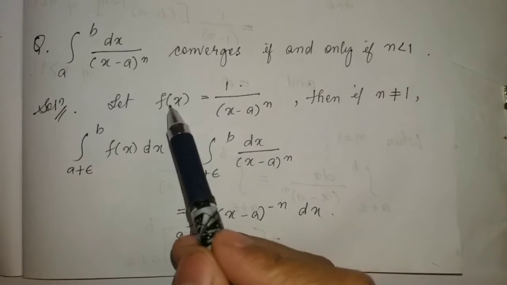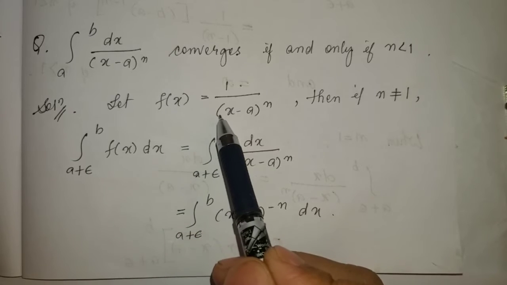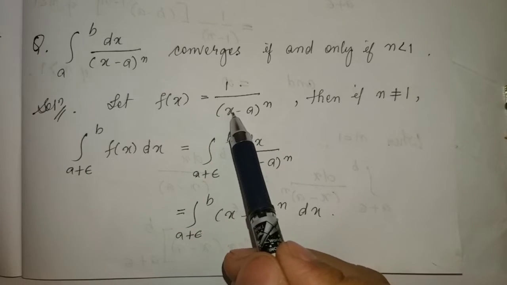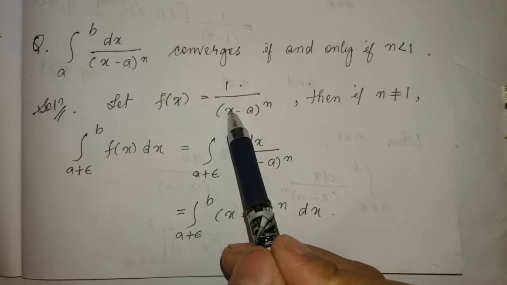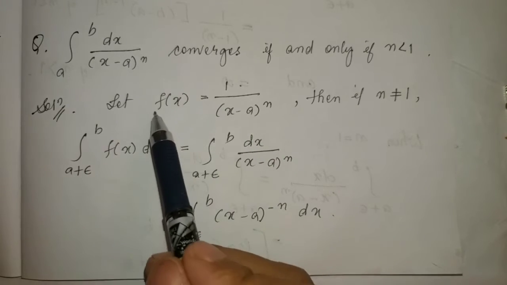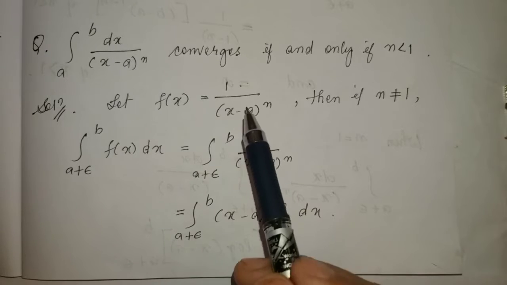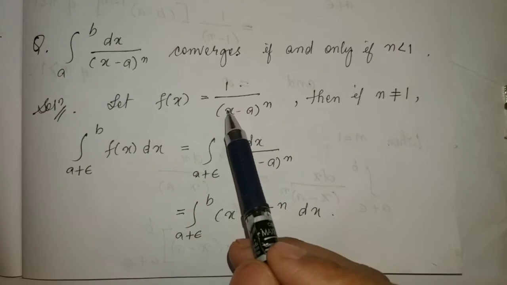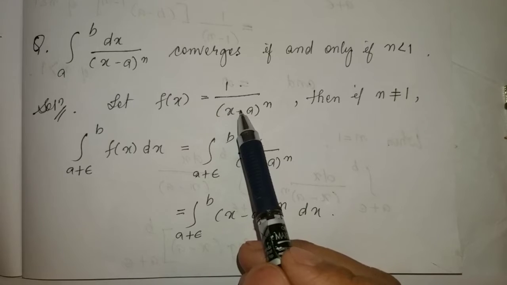Here, if I substitute a, if I find f of a, then I will get an infinite value. Therefore, a is the only point of infinite discontinuity.